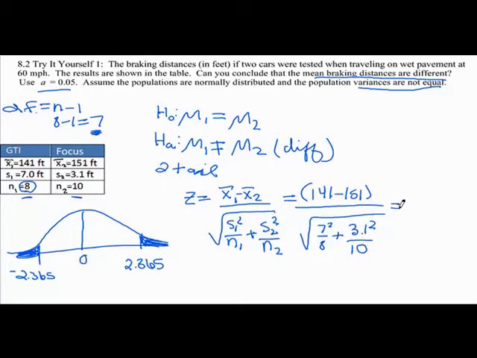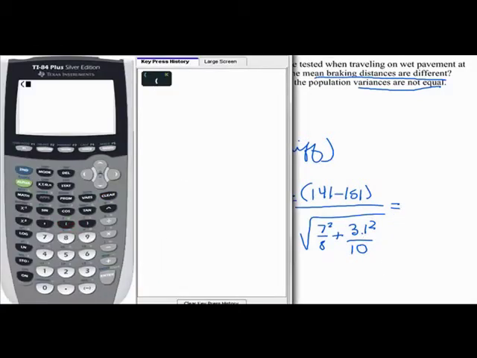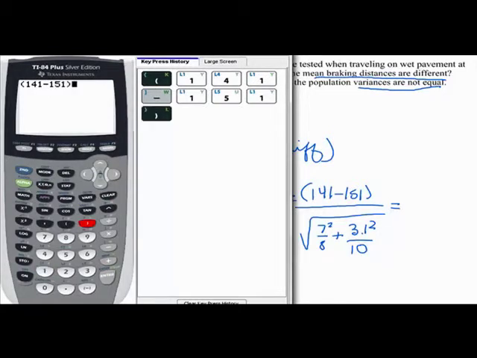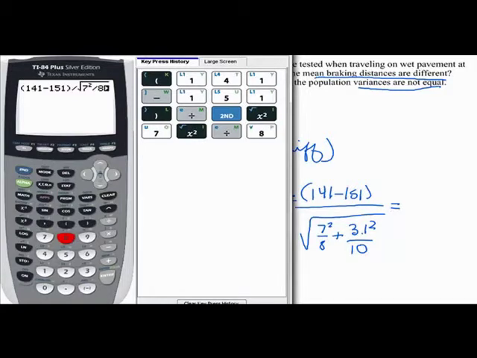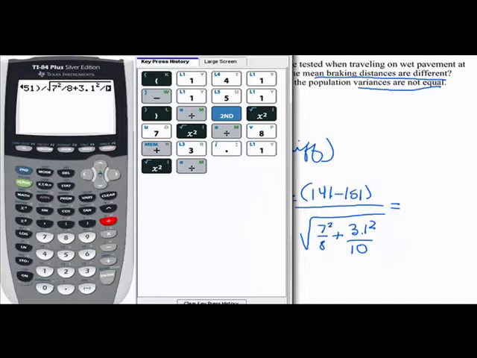So let's put that in our calculator here. 141 minus 151, and then we're going to divide that by the square root of 7 squared divided by 8 plus 3.1 squared divided by 10.